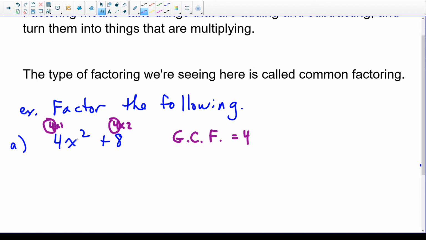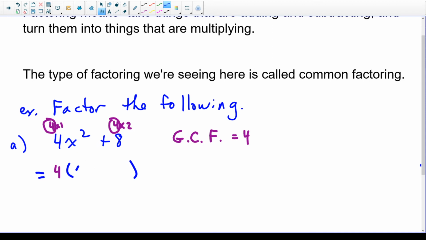I look at my letters next. There's an x squared here, but there's no letters beside the 8. Therefore, there are no common factors with the letters. So what I do is I write the 4 out in front. I open a bracket, and I write the leftovers inside the bracket. Now, what are the leftovers? I have a 1 and an x squared.